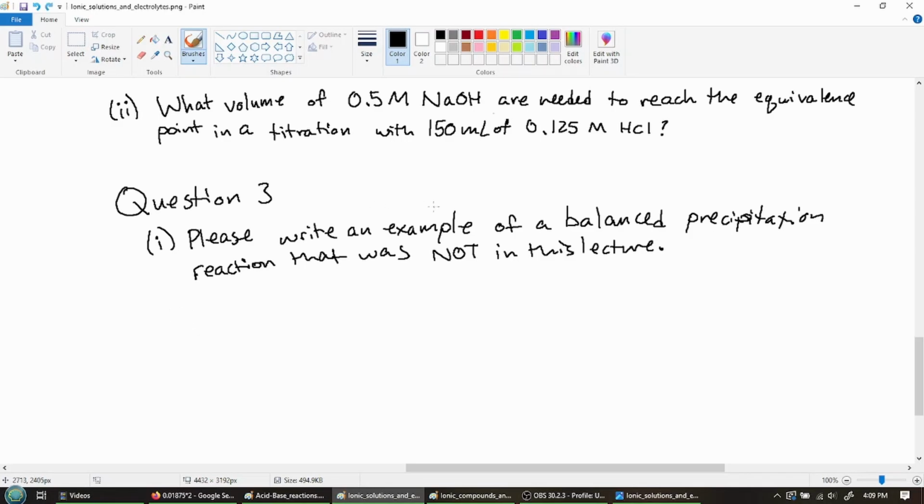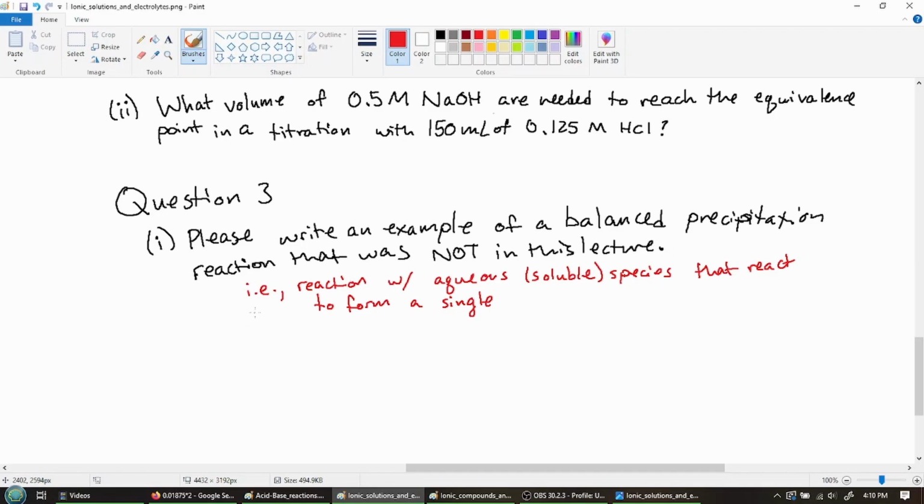So to clarify, what I'm looking for in this case is a reaction with two aqueous species, so soluble species, that react to form one aqueous compound and one insoluble compound. And let me clarify something.